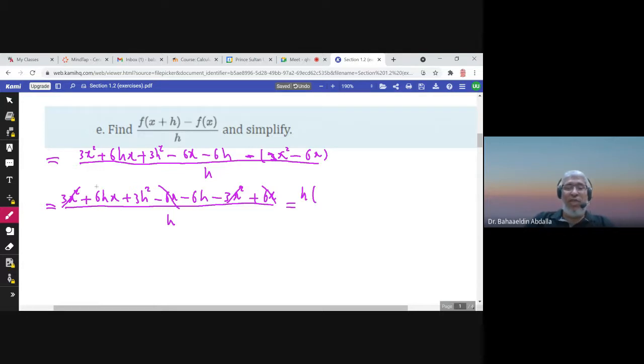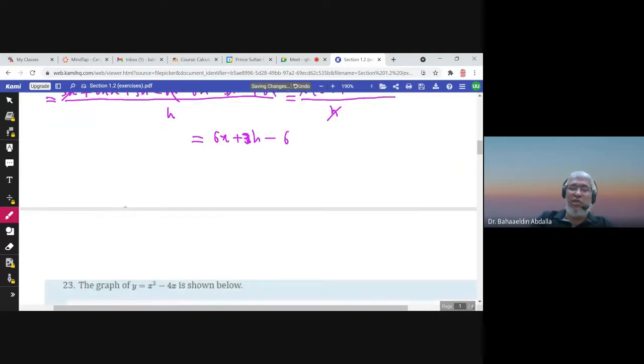If you take h as a common factor from the first one, you have 6x, then plus, from here you have 3h. Actually, you divide 3h squared by h, then you get 3h, and minus 6h divided by h is just minus 6. Now you can cancel h with h, and the final answer would be 6x plus 3h minus 6. So this is the difference quotient in this case.